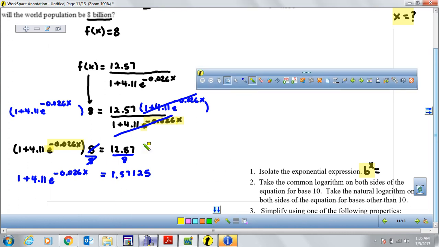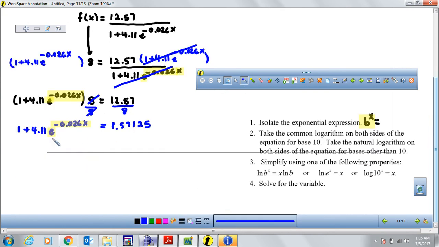So we still need to isolate that e. There are two more things that we need to do to isolate it. The first thing is that we need to subtract the 1 from both sides, right here. So that will give us 4.11 times e raised to the negative 0.026x equals 1.57125 minus 1, which is 0.57125.